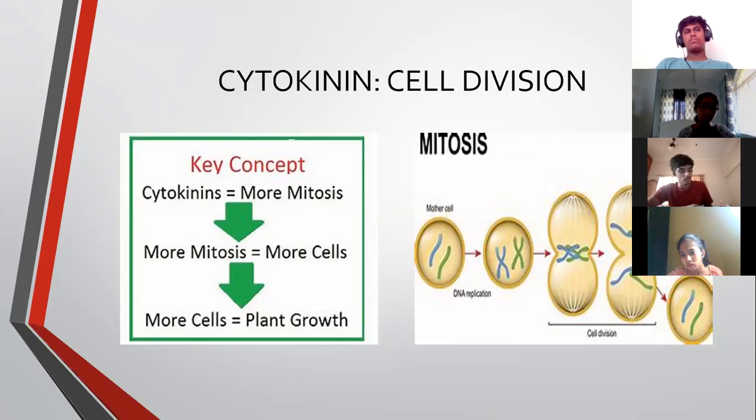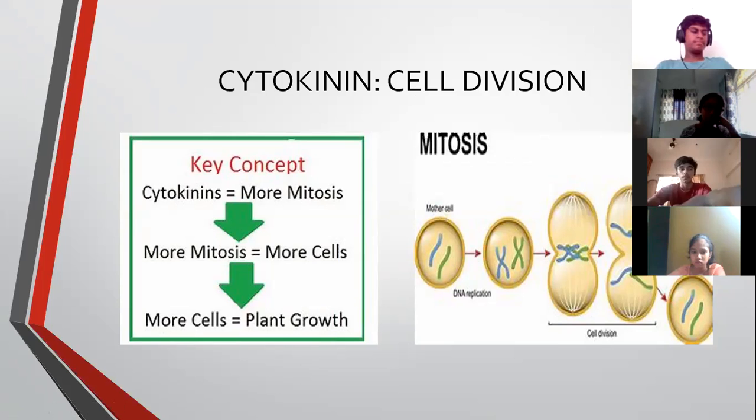So a new seedling plant will be this small, whereas a grown-up one can be a huge tree. So that growth needs more and more production of cells. More and more production of cells will be associated with cytokinin. So cytokinin is directly proportional to the number of cells present in a plant.